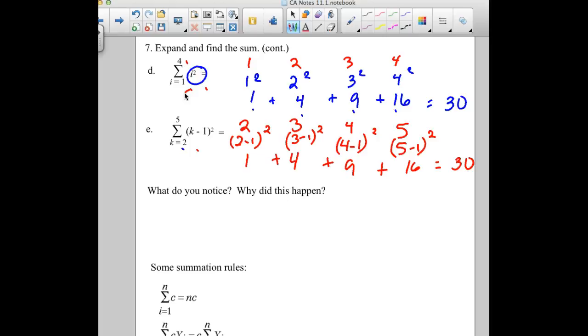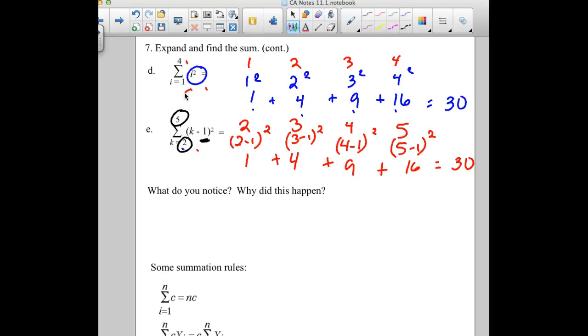The second one says start with a 2 and go to a 5, but you're going to be subtracting 1 before you square it. Well, if we subtract 1 before we square it, instead of 2 to 5, we're really down to 1 to 4. Does that make sense? Why it's coming out the same?